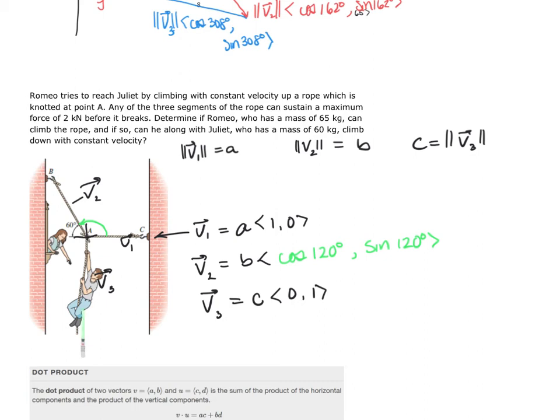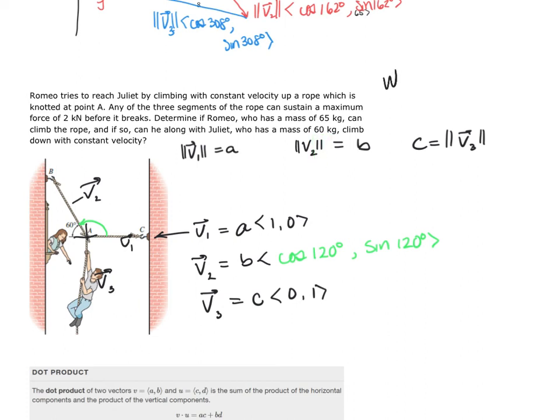So now let's talk about what's happening with this magnitude. This is one piece that we do know. This magnitude is Romeo's mass in kilograms and Juliet's mass in kilograms. However, that is not the magnitude. The magnitude is going to be their combined weight. This is not their combined weight; this is their mass.